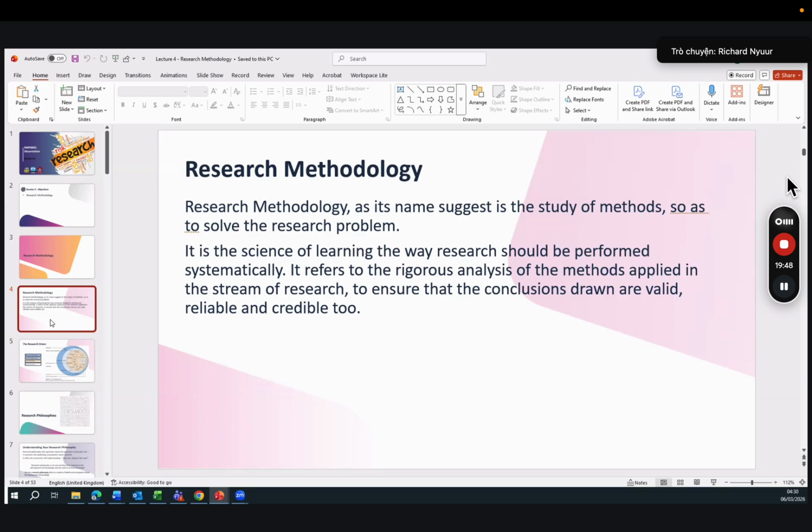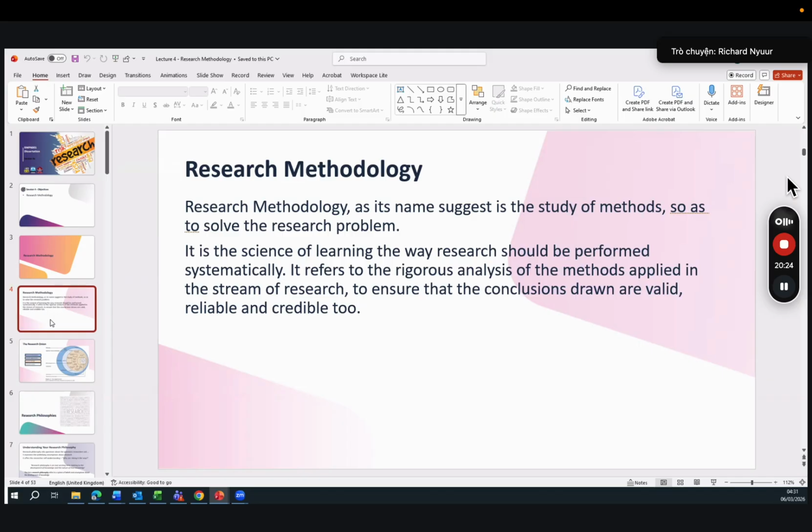You can think of research methodology as synonymous with, for example, preparing a good meal, where you need the ingredients. You can't sit down and just describe how a good meal is made, but you would need to go out to the market to buy the ingredients, prepare them, cut them together, mix them in the right proportion, and then cook it or steam it or roast it or bake it, whichever way you want.